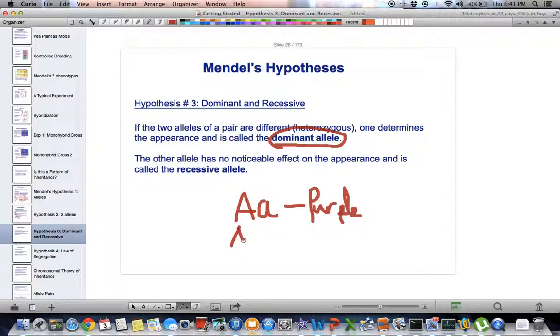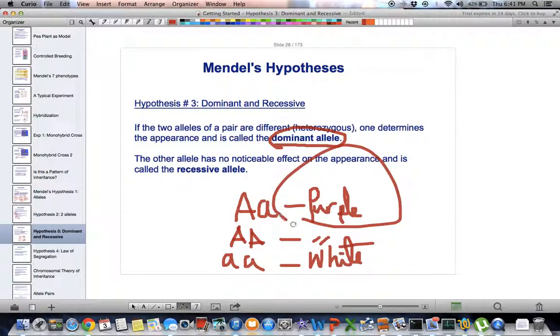Whereas AA for sure, big A, means that it's again purple. But what about little a? That means it's white. Okay, so you see, the more dominant one here wins, which is purple, right?